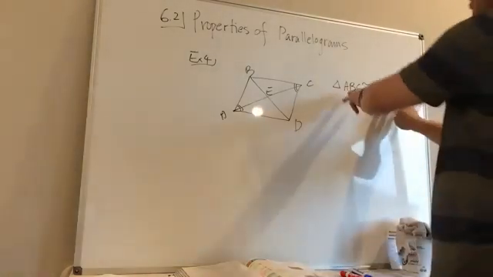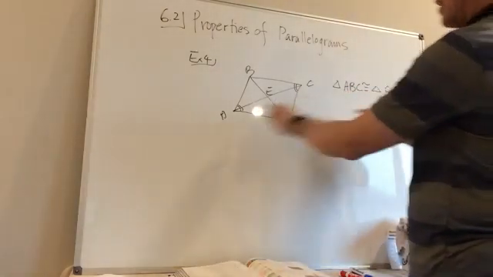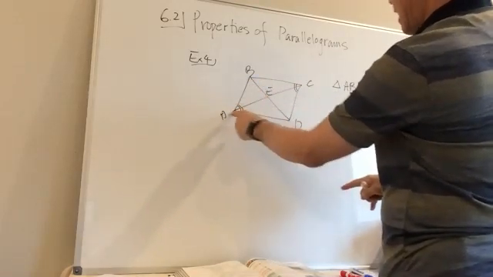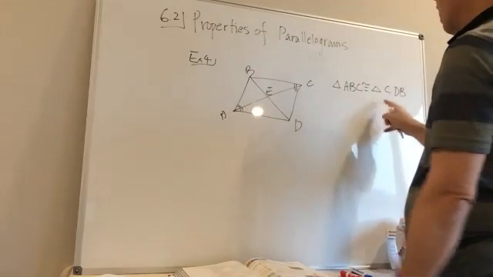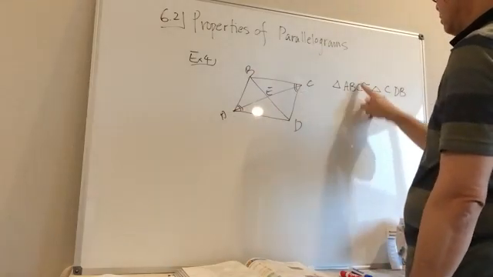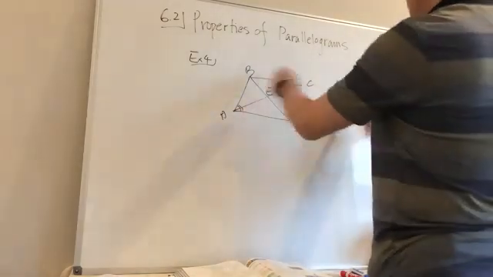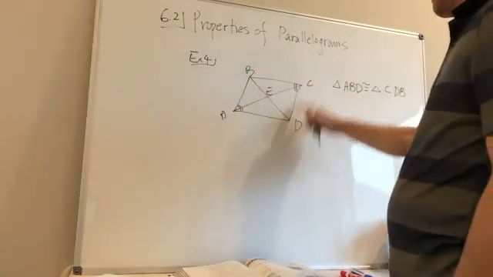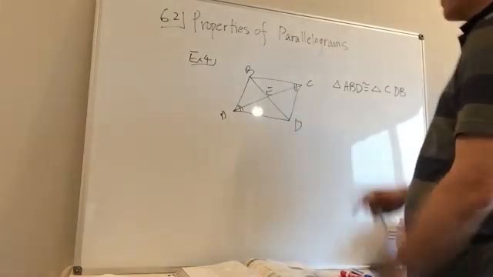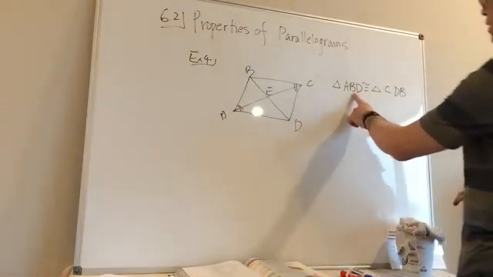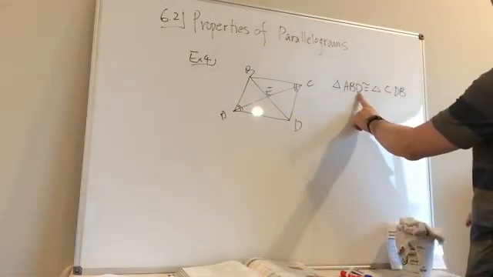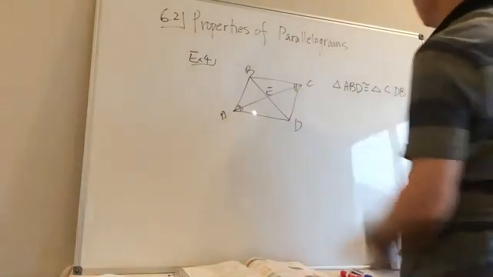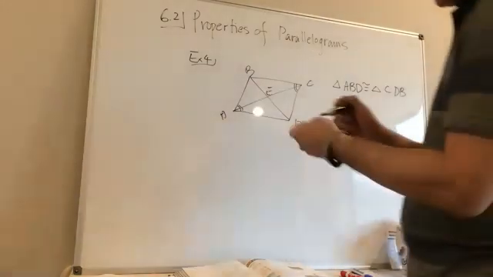Because if this is true, then I can say that this angle and this angle are the same. It's not ABC, it's ABD and CDB. So then I can say that angle BAD would be the same as angle DCB, right? Okay, yeah.